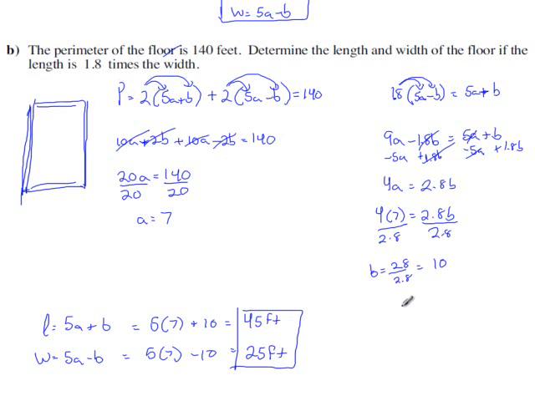So if I take the width and multiply by 1.8, then you should get 45, which you do. Okay, so length is 1.8 times the width, the perimeter is correct, so these should be the right answers. 45 feet for your length, 25 feet for your width.